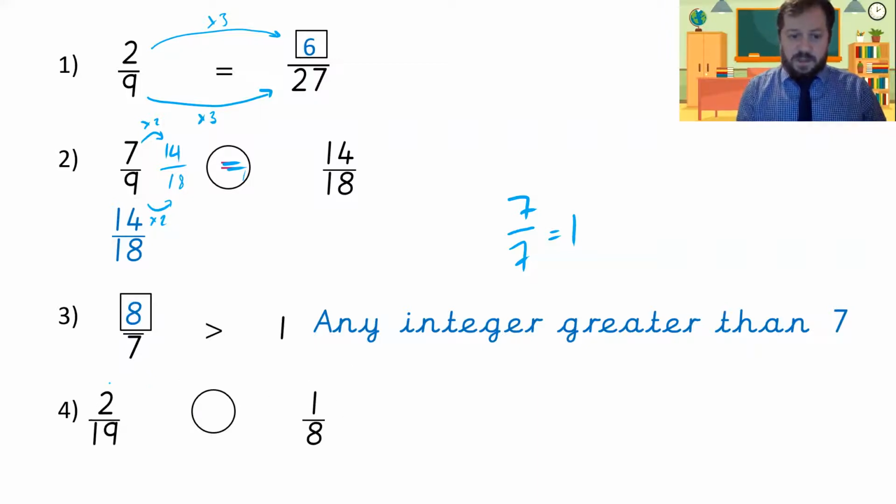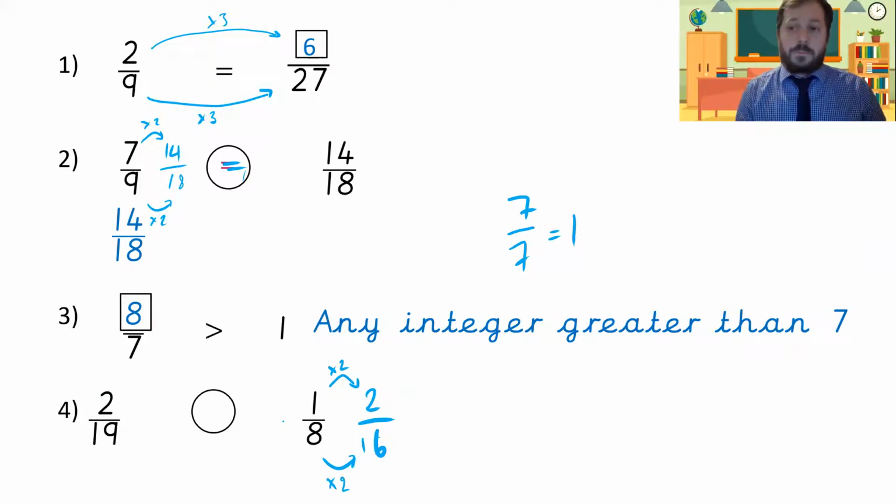Then we're looking at comparing these two. Now, it's not easy to get the same denominator in this case. So we're going to aim for the same numerator. In order to get this one to be the same as that, I need to times it by 2. So I need to times the bottom by 2 as well. And that's 2/16.